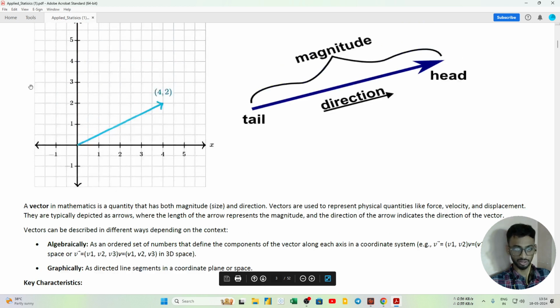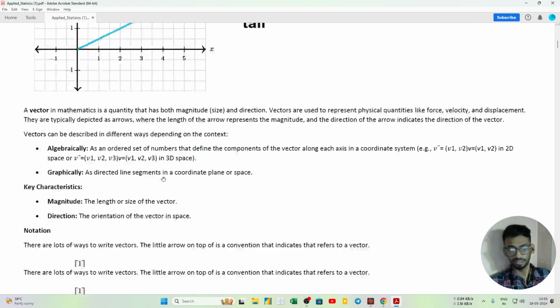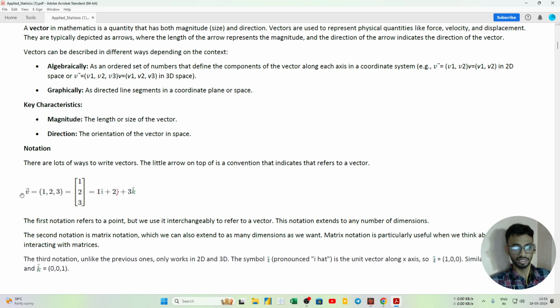So see this picture. This is a Cartesian coordinate system, and this is the x-axis and this is the y-axis, and our vector is (4, 2), or 4i cap plus 2j cap. We can represent the vector in this way also. So you can say that v is a vector in the 3D coordinate system because there are 3 components.